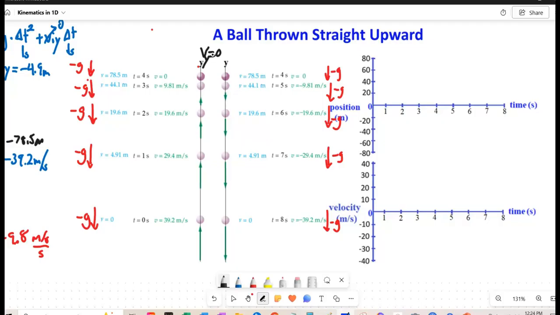So what you could say for sure as a fact, when something reaches its maximum height, where its velocity in the y direction is equal to 0, its height is the maximum. Which in this case is 78.5 meters.